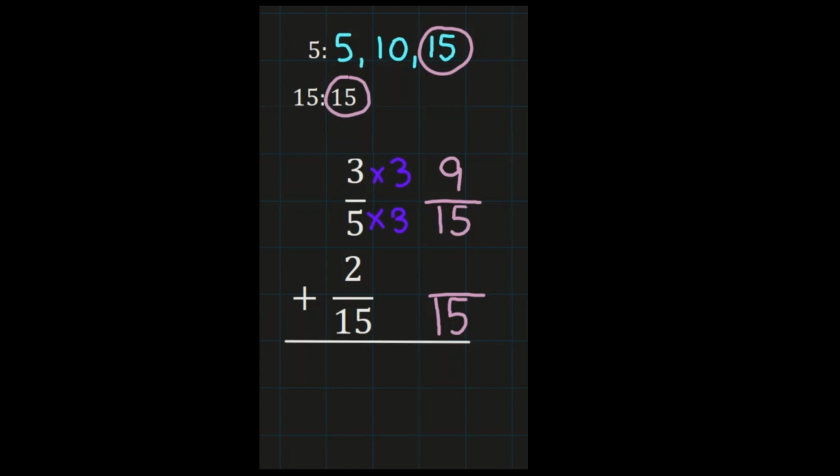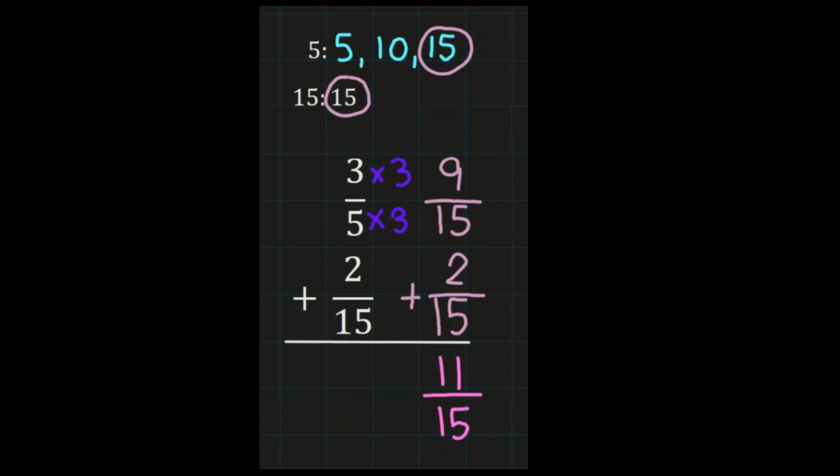And then 2/15 already has the denominator of 15, so I don't have to do anything to it. Now I have 9/15 plus 2/15. Common denominator, so I can add my numerators. 9 plus 2 is 11. My denominator of 15 remains 15, and I can't simplify. So 3/5 plus 2/15 equals 11/15.